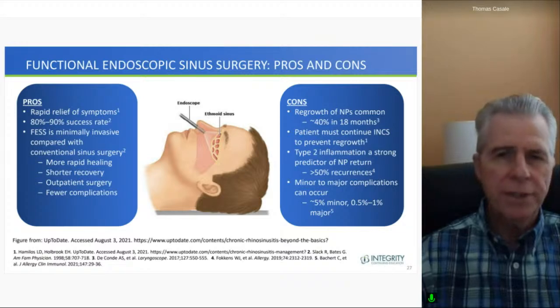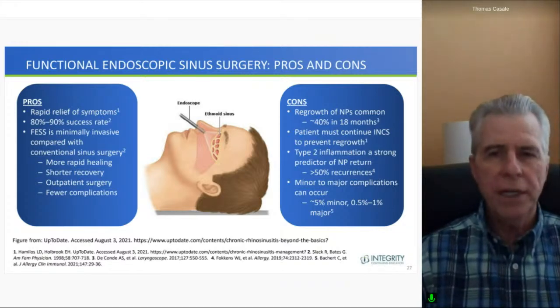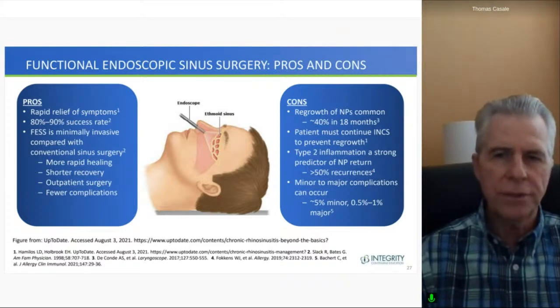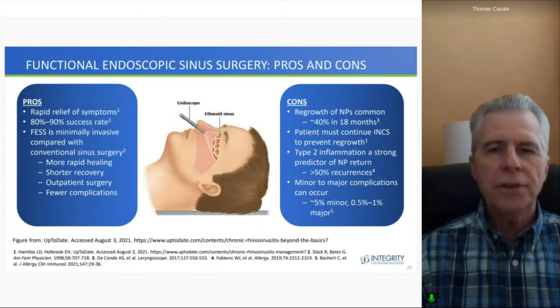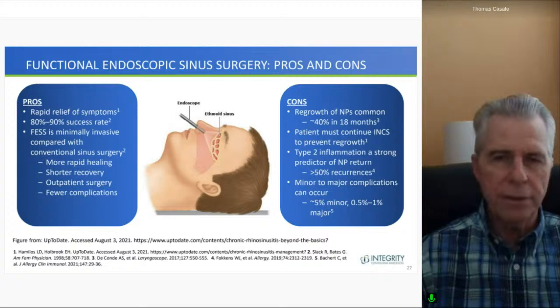But the problem is that about 40% of patients have regrowth in about 18 months. And they have to continue the intranasal corticosteroids to prevent this regrowth. It turns out that eosinophilic or type 2 inflammation is a strong predictor of who is going to have a recurrence.